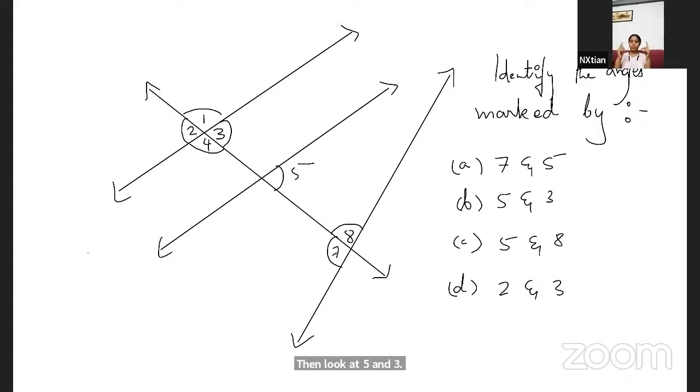Then identify which type of angle it's forming. Like that you have to do. No one is going to unmute and tell right now. Write it first in your notebook and then I'll ask you all.